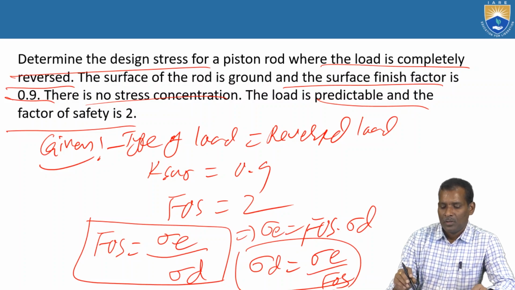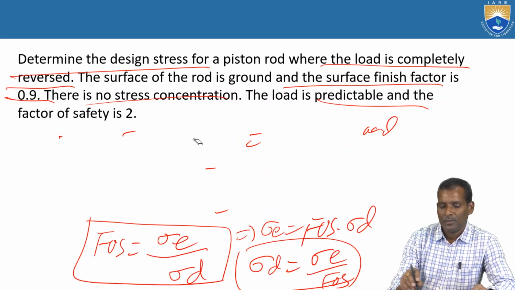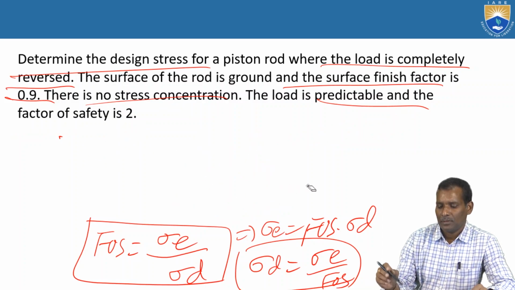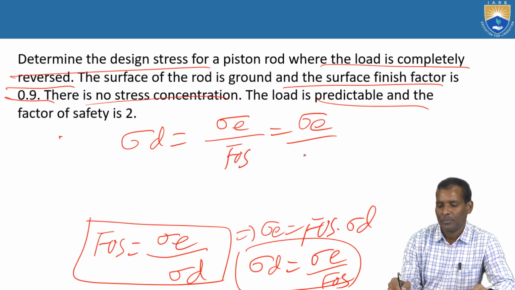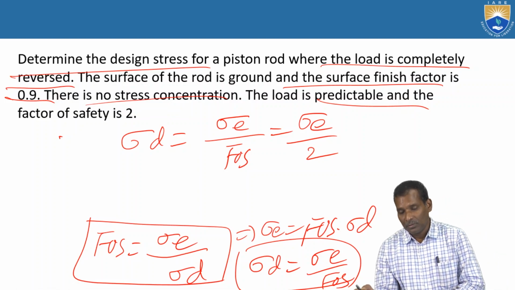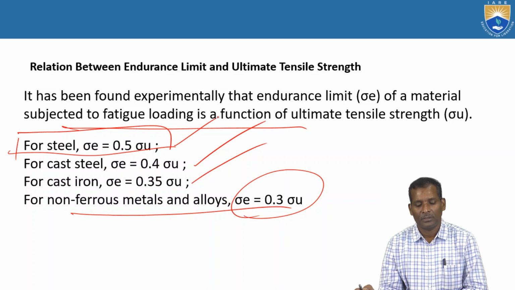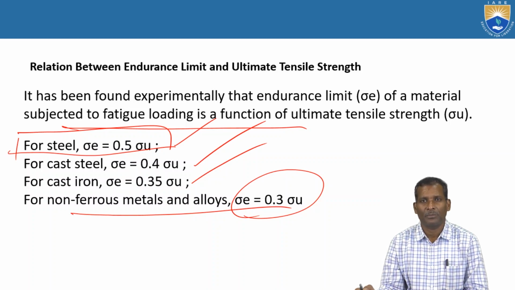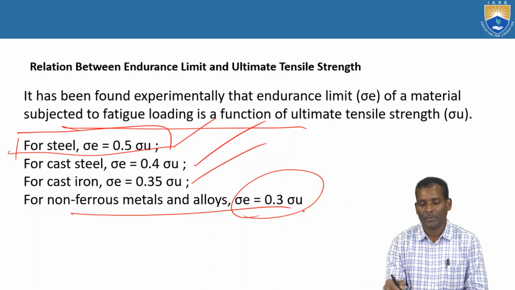In the next step, sigma D is equal to sigma E by factor of safety. Sigma E you don't know, the factor of safety is 2. But you may assume, as I told you in previous slides, for steel material sigma E is equal to 0.5 times sigma U. For cast steel, 0.4 into sigma U. For cast iron, 0.35 sigma U. For ferrous metals and alloys, 0.3.